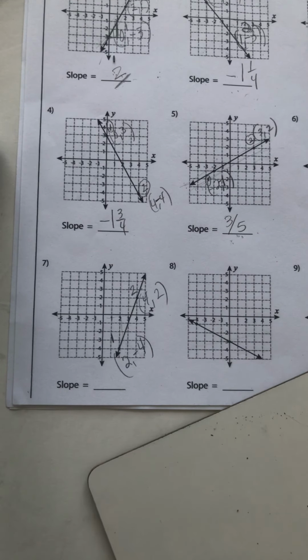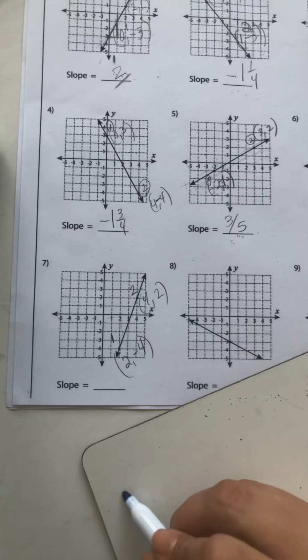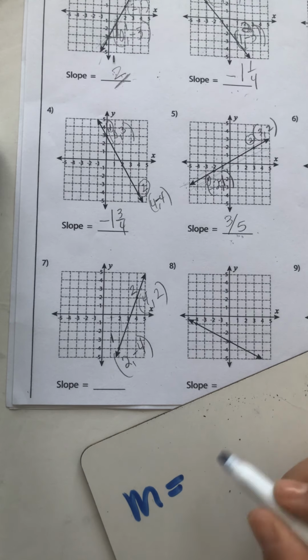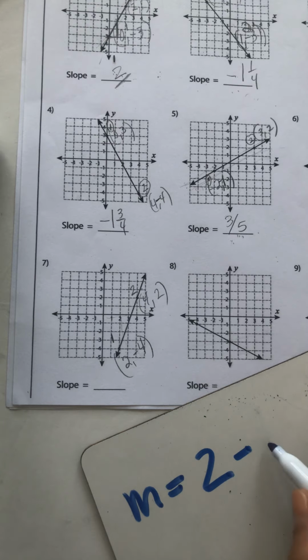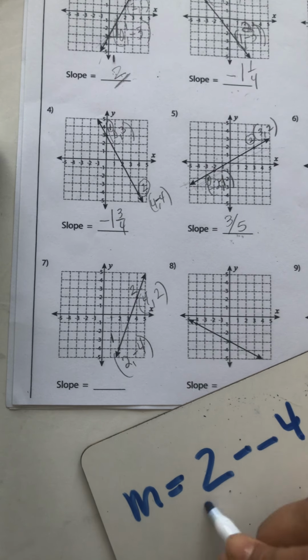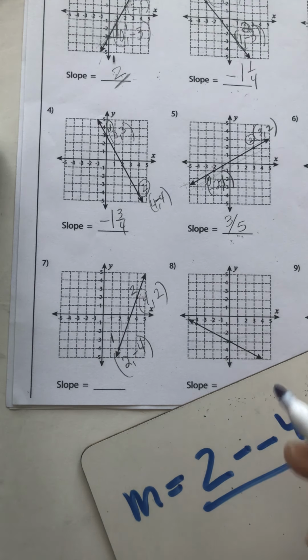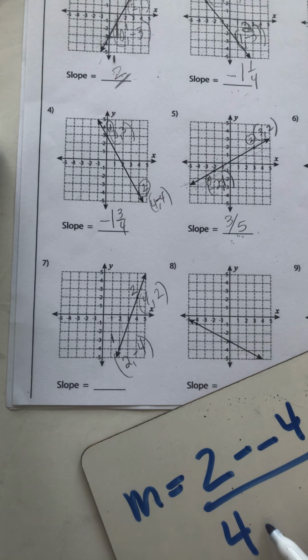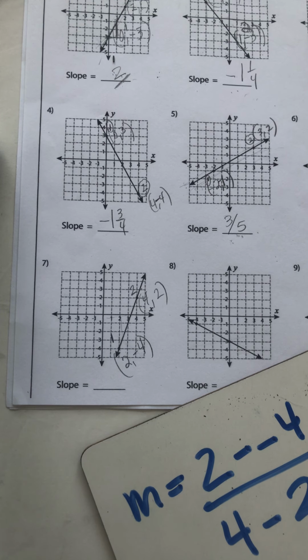So we start with point 2, right? m equals y2 minus y1 over x2 minus x1.